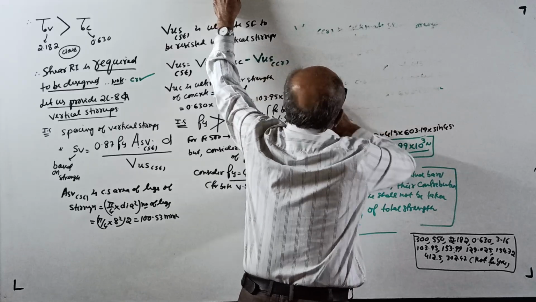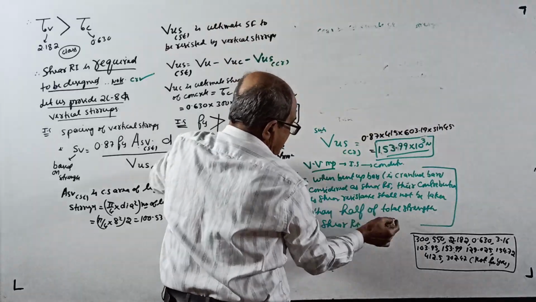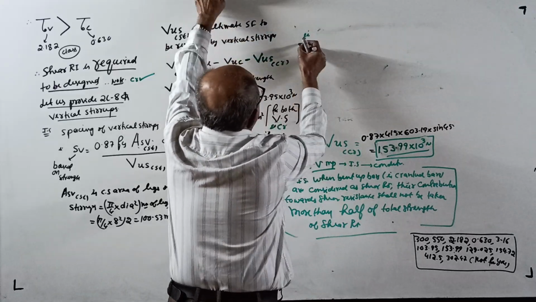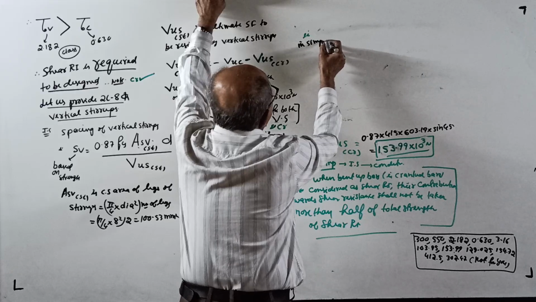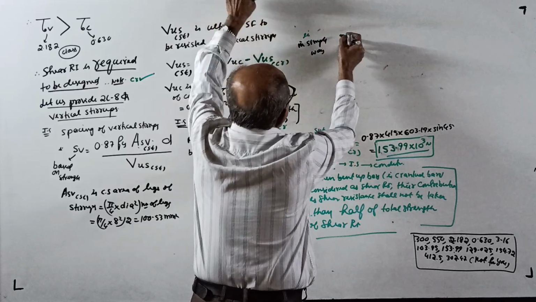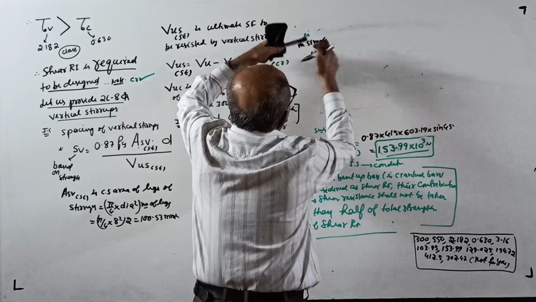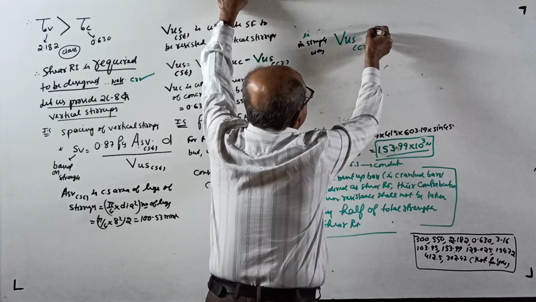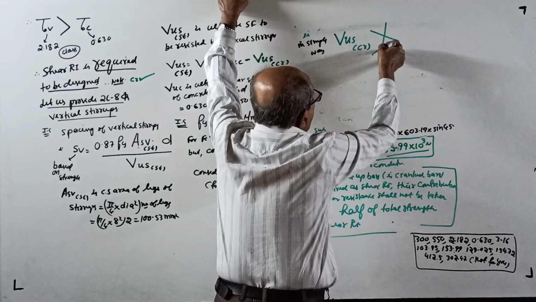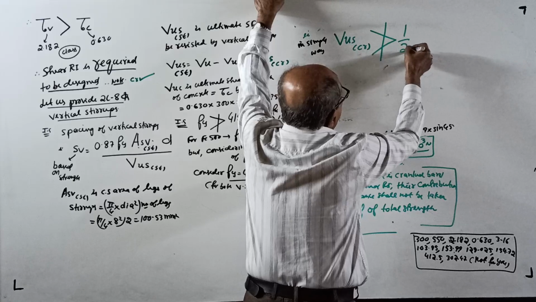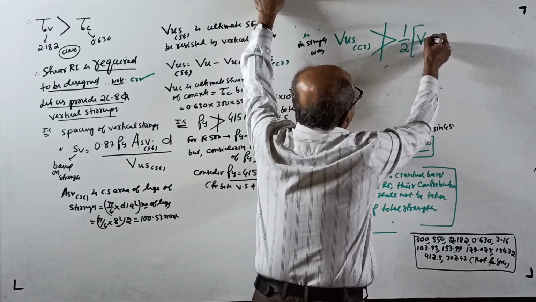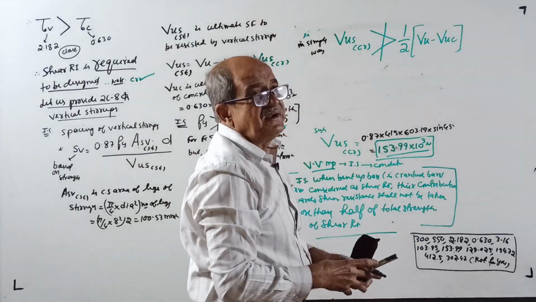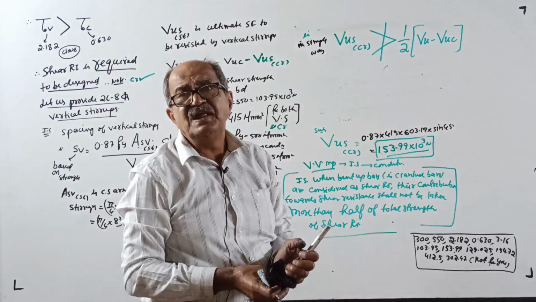Or you can write here after this one, in simple way you can tell: VUSCR shall not be taken more than half of VU minus VUC, because VU is the factored shear force, VUC is the strength of concrete.